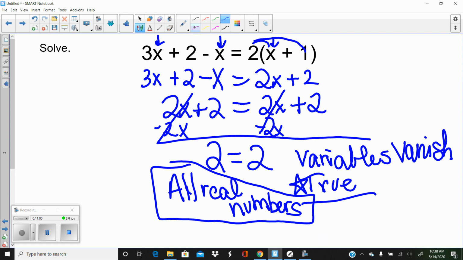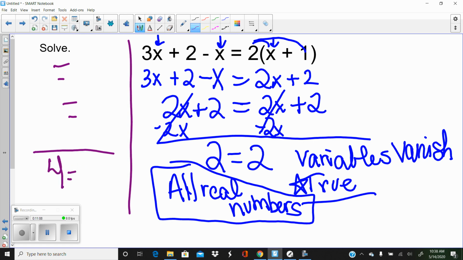Now, what if I had a different problem and I did all my work and I ended up with a false statement? What if I ended up with 4 equals -2? That is a completely different scenario. If I do all my math and end up with variables vanishing and a false statement, that means something completely different: there is no solution.